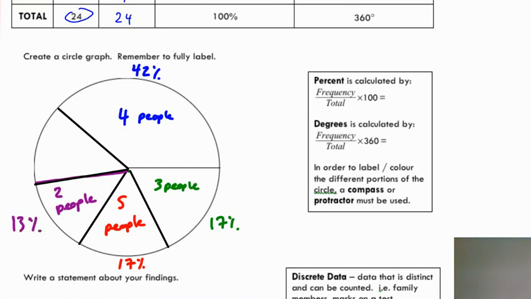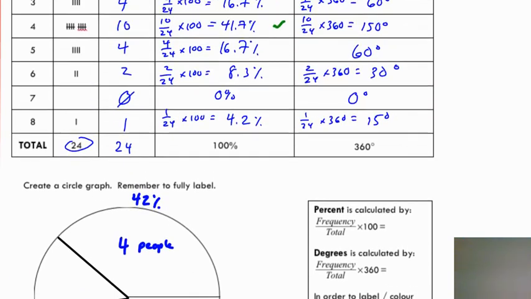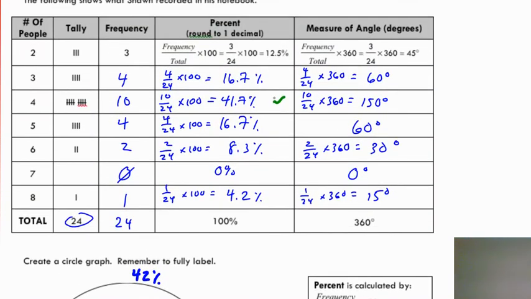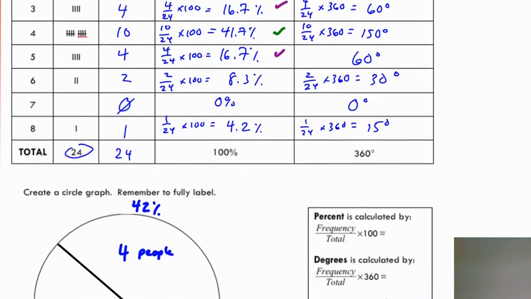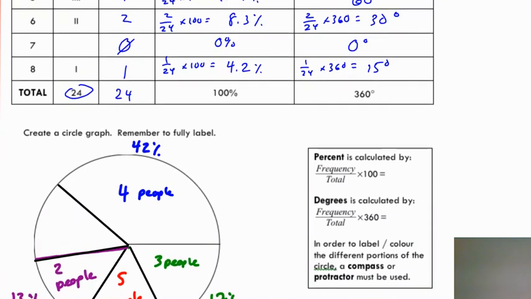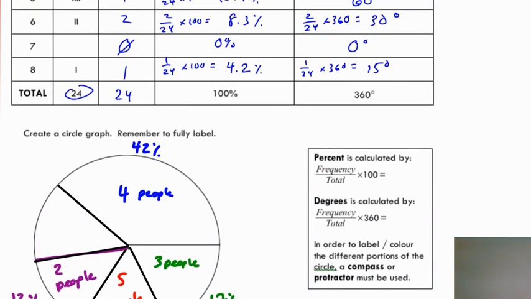Okay, so then we're left with, again, let's just make sure we've gotten everything here. 42%, we got our 16%, 16%, we got our 13%. Now we're down to this 8% group and this 4% group. So 30 degrees is not very large for a line, and our last one is 15.